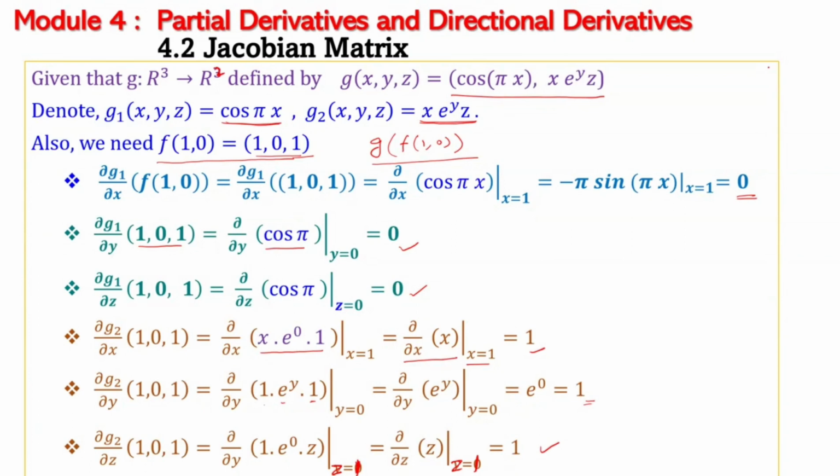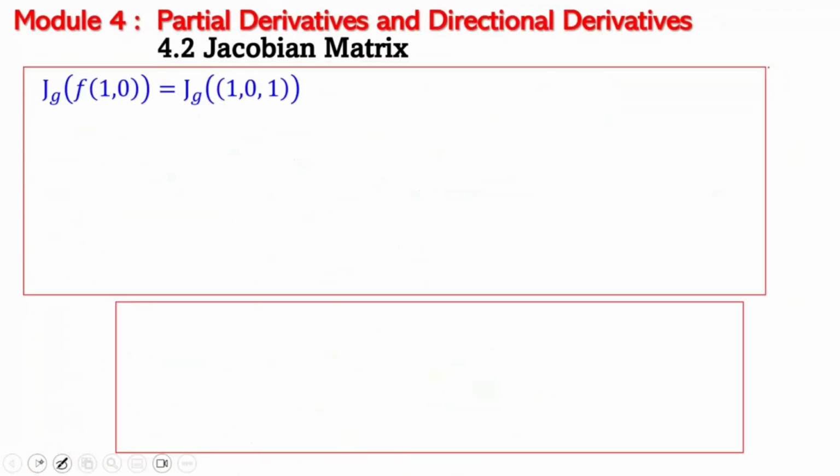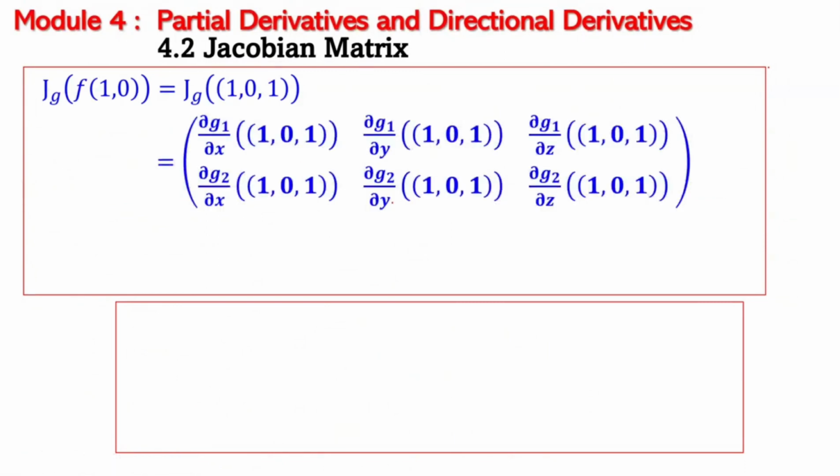So we now have the matrix for the Jacobian of G. We got this matrix, and the matrix is 0 0 0 over 0 1 1. Again we recall G is from R3 to R2.